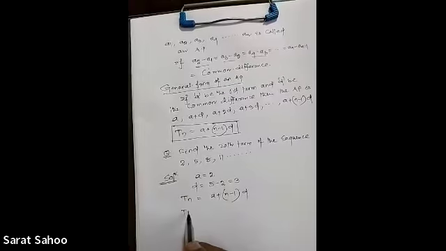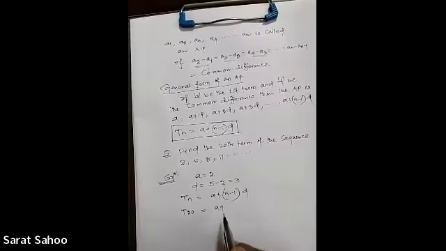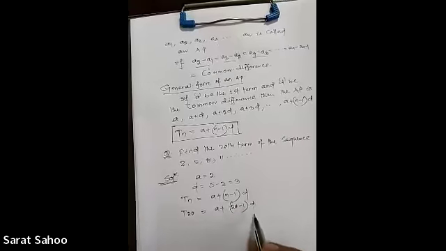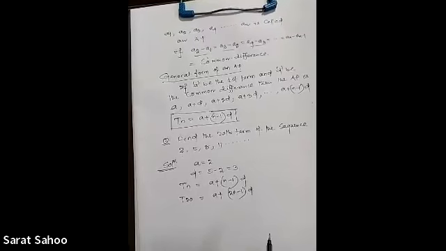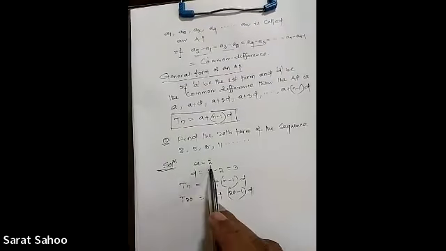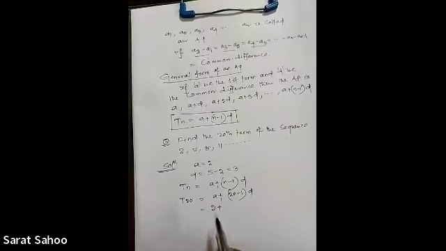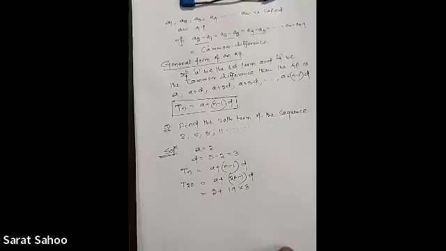So T20 is equal to A plus (20 minus 1) into D. What is A? A is equal to 2, plus 20 minus 1 is 19, into D is equal to 3.